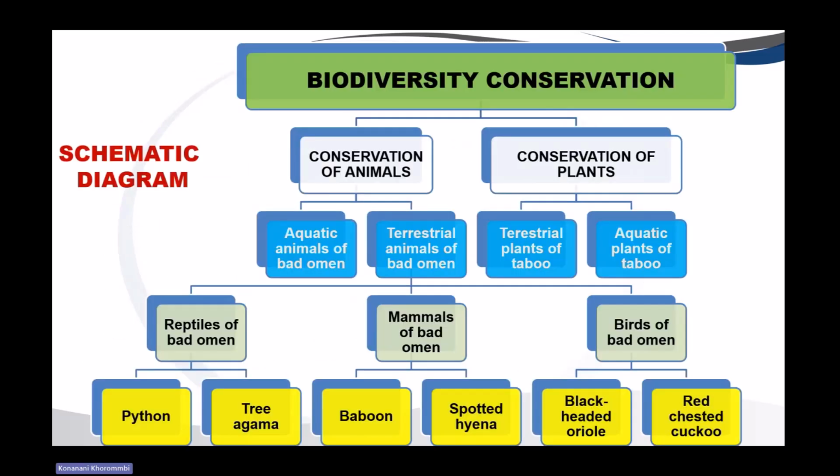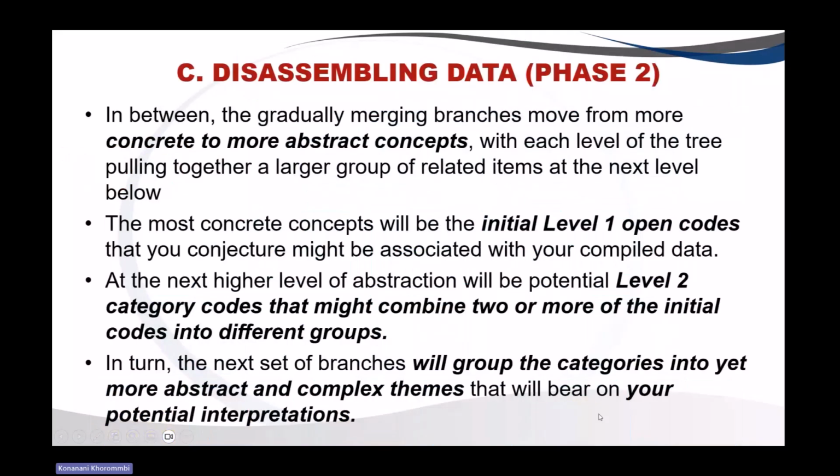Black-headed oriole is so specific. Spotted dyna and baboon, red-crested cuckoo, these are very specific. But if you go to biodiversity, you can't tell me which ones we are talking about. You see now. And even if you go to birds of bad omen, you don't know which ones those are until you go down to the yellow. And this is what this whole slide is explaining to us.